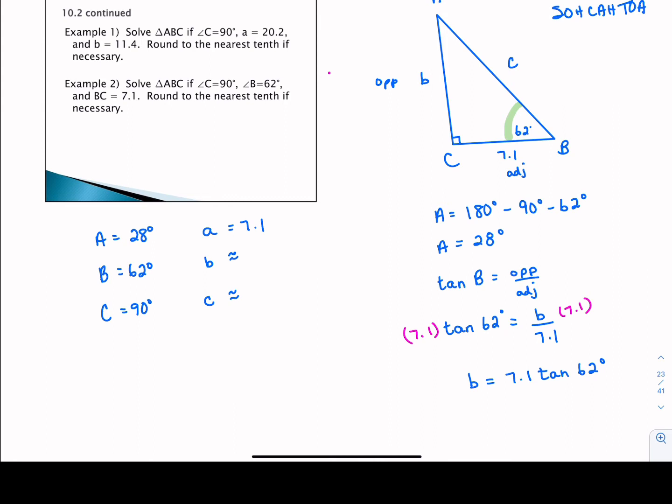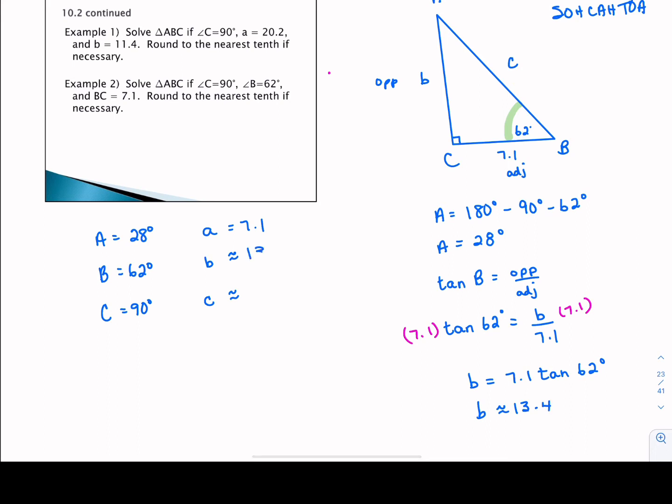So we have all the information we need. We just need to plug that into the calculator to get our final measurement. So 7.1 multiplied by the tangent of 62 degrees is roughly 13.4 units. So B is approximately 13.4.